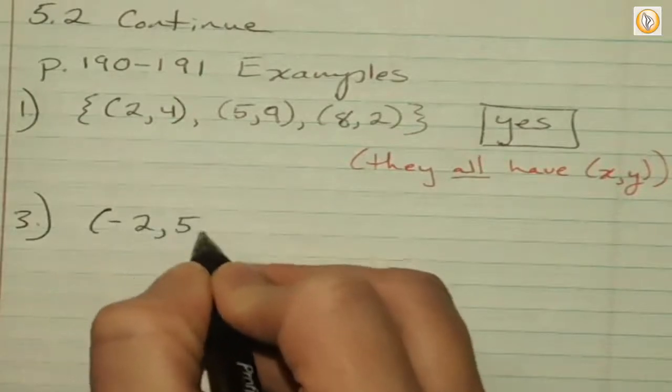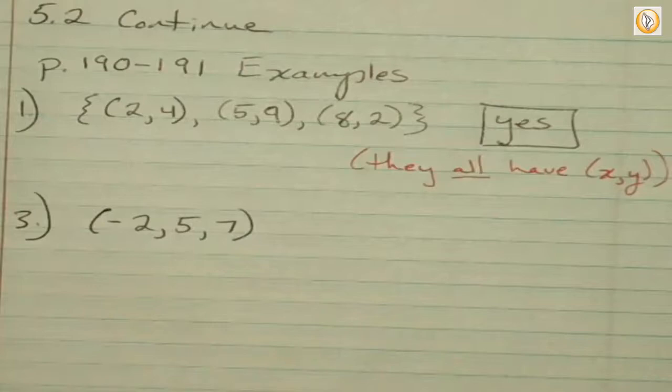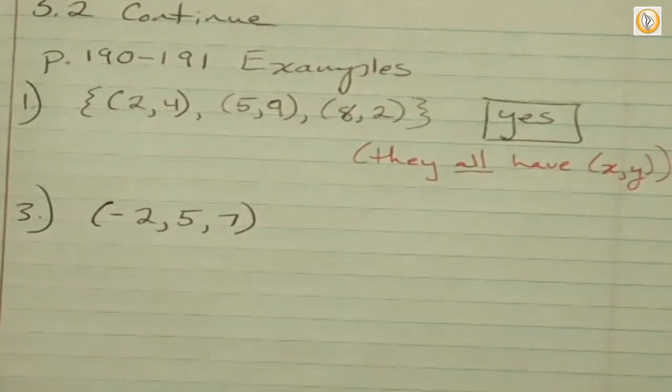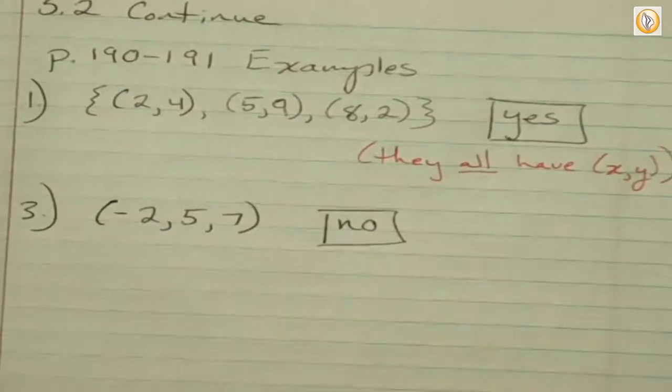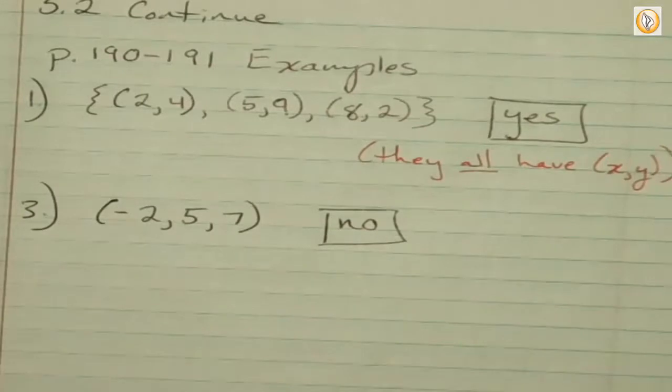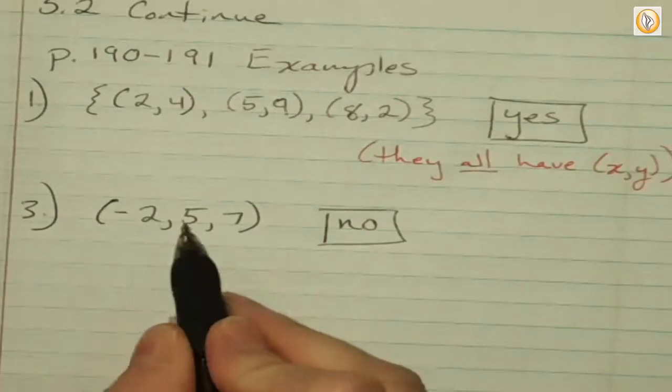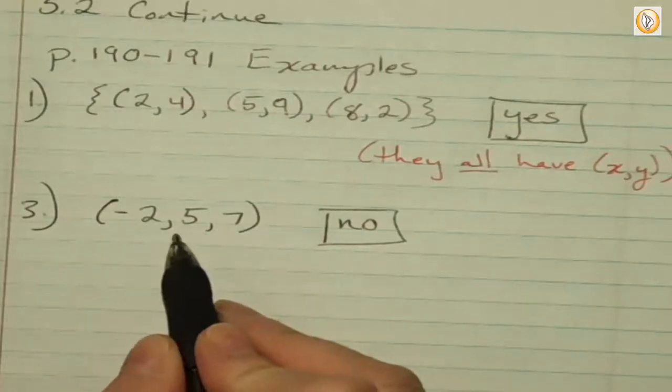-2, 5, and 7. Matthew, is that a relation? No. You are correct. It is a big old no. Why, Matthew? Why isn't it a relation? Because there's 3 things in that parentheses, right?